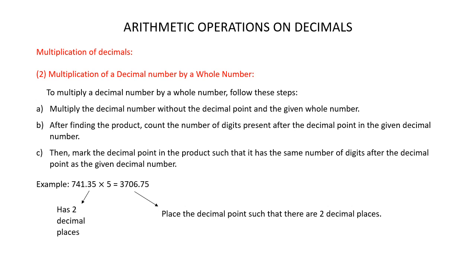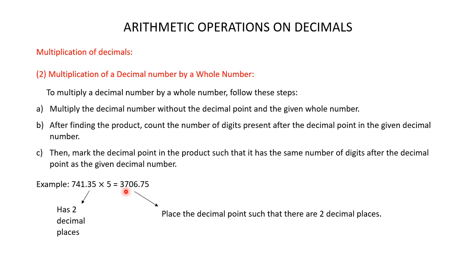Now after finding the product, count the number of digits present after the decimal point in the decimal number. So here after the decimal point there are 2 digits. So now in the product you have to mark the decimal point such that there are 2 digits after the decimal point.